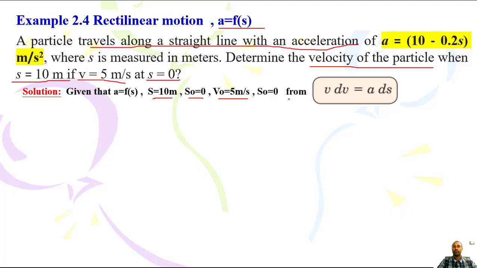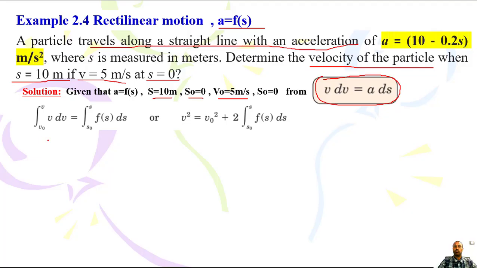So with s0 equal to 0, from v dv equal to a ds, you simply substitute: integral from v0 up to v of v dv, integral from s0 up to s of f of s, which is acceleration as a function of s.